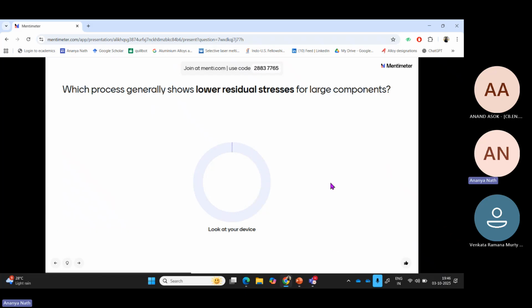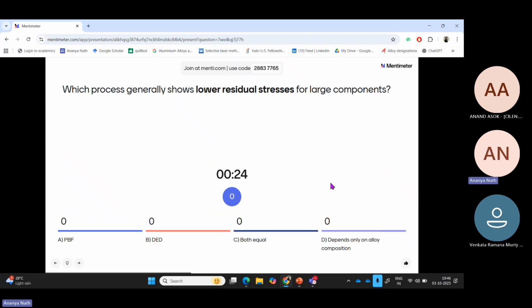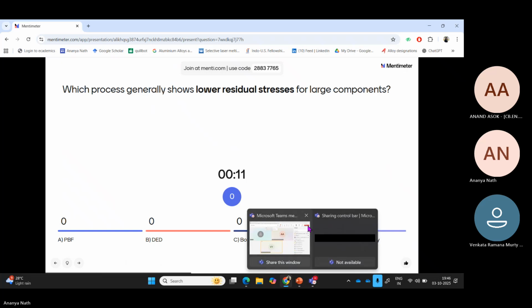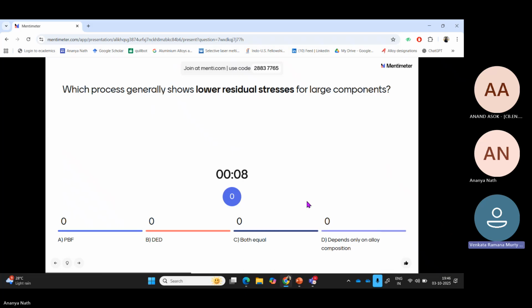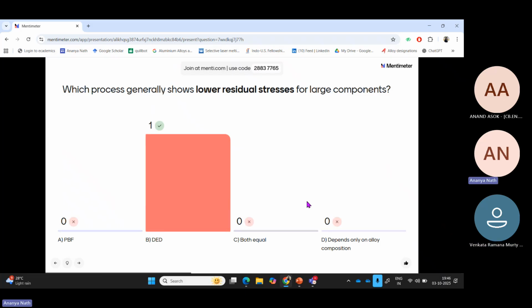Which process generally shows lower residual stress for larger components? Residual stress comes from the high cooling rate: high temperature gradient, high cooling rate, more residual stress.